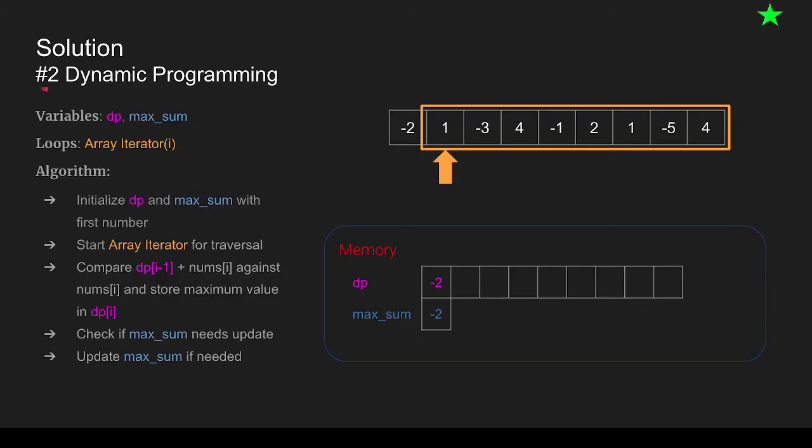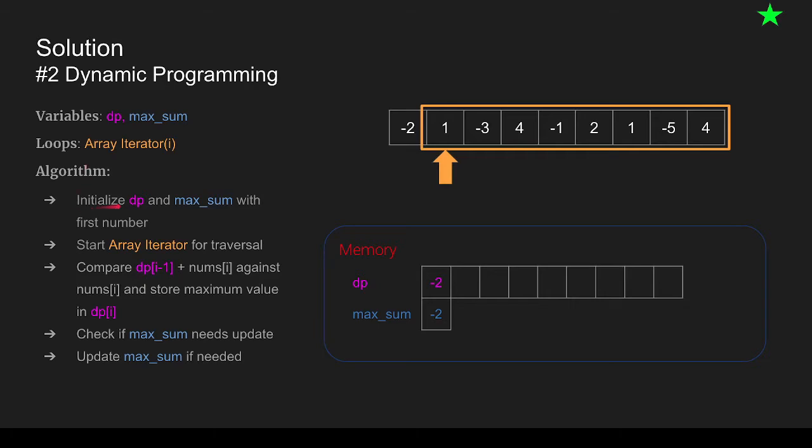So if we look at this algorithm in action, we have two variables: dp, which holds the local maxima that we have found till now, and maxim, which holds the maximum value of the local maxima that we have found till now. And we have a loop, an array iterator, which starts the iteration from the second element.